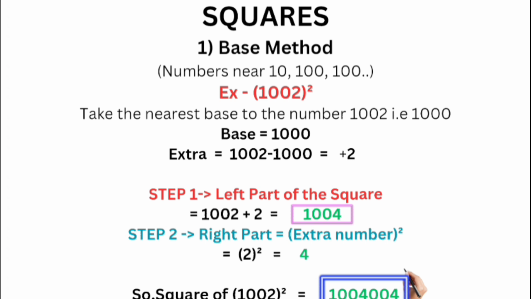So the right part will become now 004. And always remember, I am repeating it, adding zeros before a number doesn't change the number. It will be 4 only. So now the square of 1002 will be the left part, that is 1004, and the right part that has now become 004. It will be 1004004.